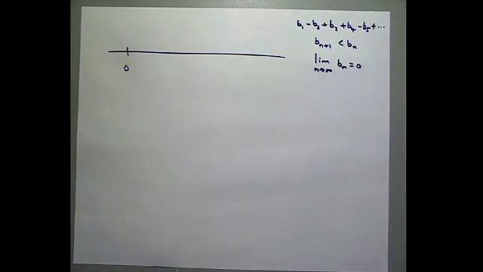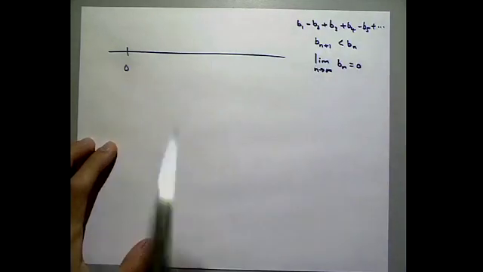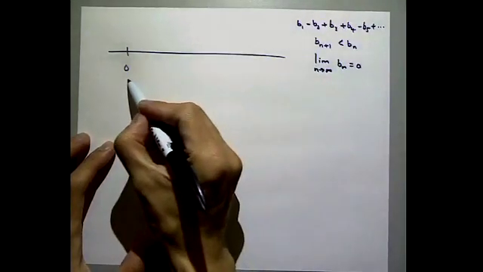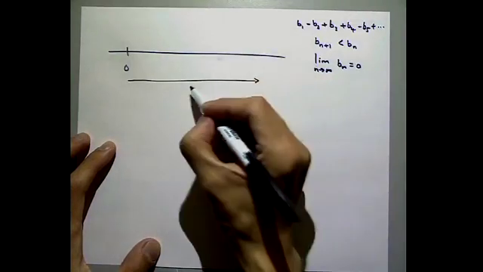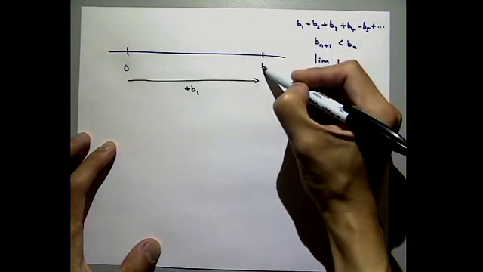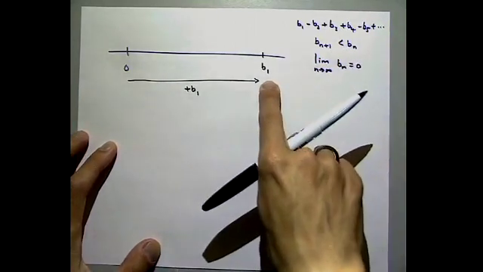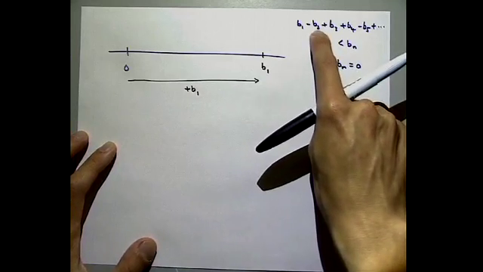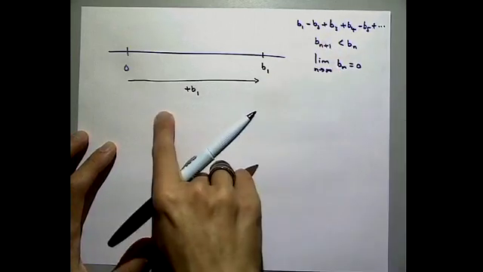Okay, so I start with nothing. My first partial sum is b1. So it takes me over here. That's my plus b1, my first partial sum. And then I'm subtracting b2, so I'm going back here.